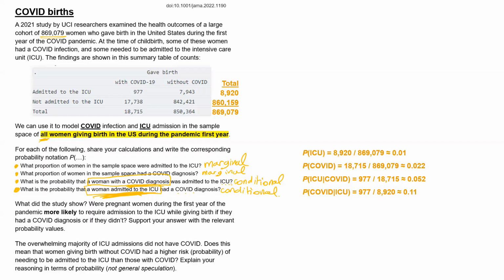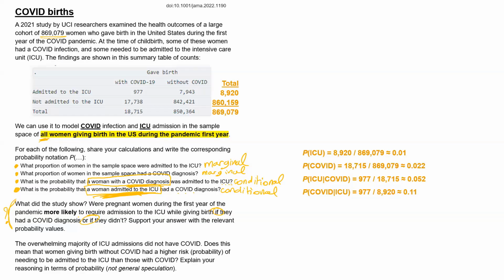So now, most importantly, what do we learn from this study? And in this case, we really would like to know who had the highest probability of being admitted to the ICU, a pregnant woman with a COVID diagnosis or a pregnant woman without a COVID diagnosis. And so you can see that we're interested in the condition given that the woman had COVID versus given that the woman did not have COVID.